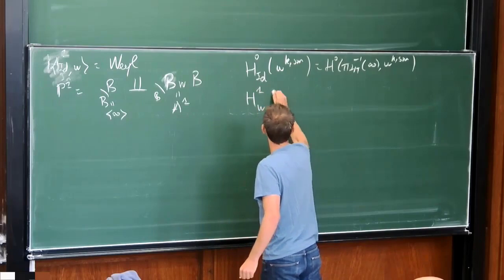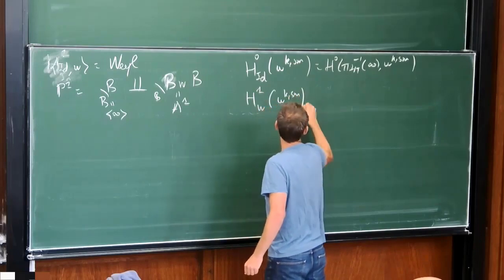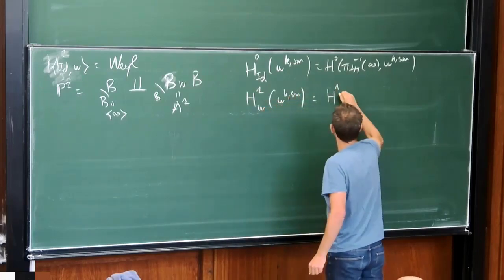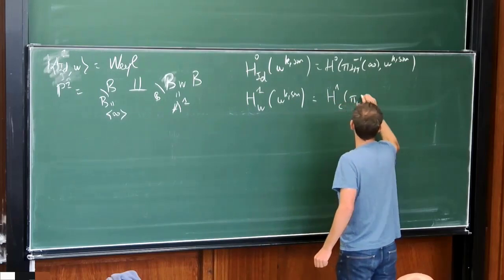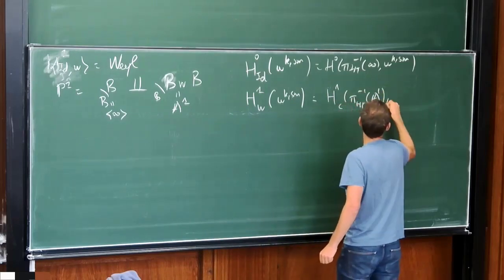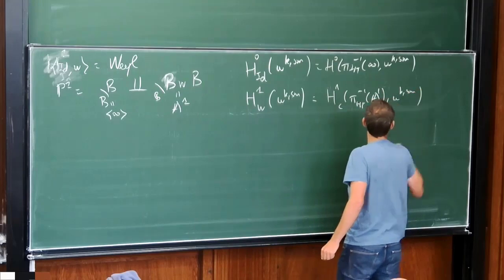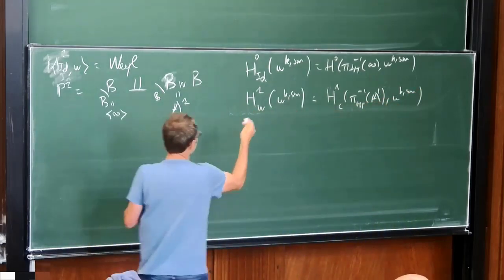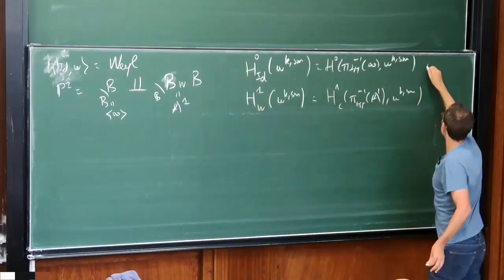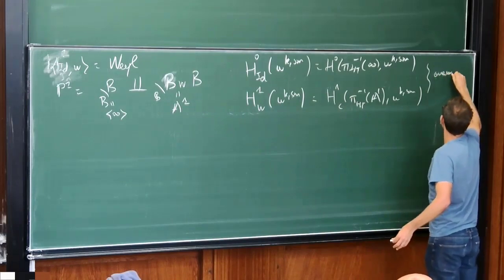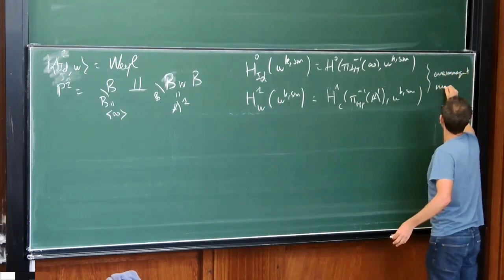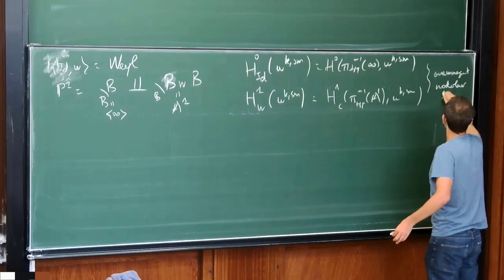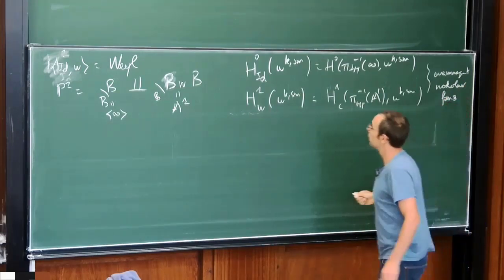H1 of w, omega k smooth: this is H1 with compact support, of A1, omega k smooth. Okay, and these two local cohomologies are like spaces of maybe overconvergent modular forms, or higher overconvergent modular forms.